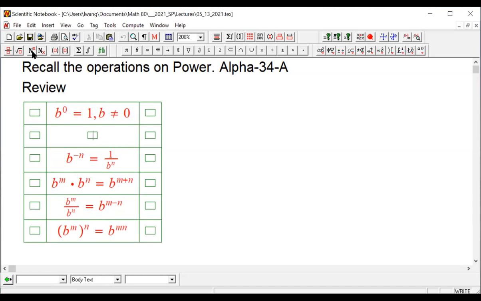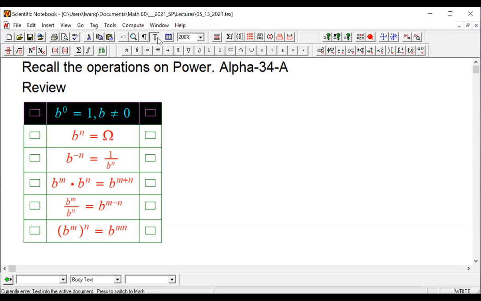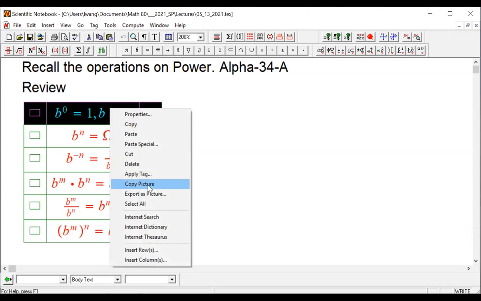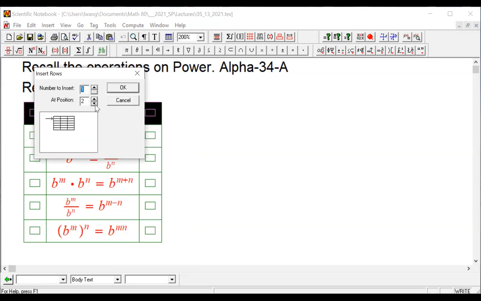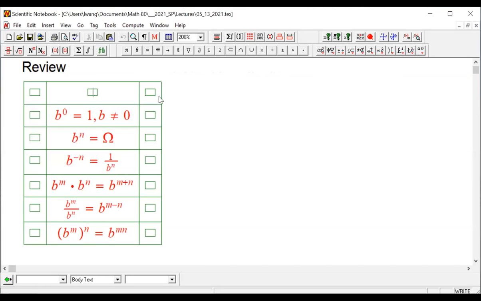So b raised to the power of n, suppose it equals something. Okay, and to start this, I'm going to insert another row, because we're going to look at the different cases of b.